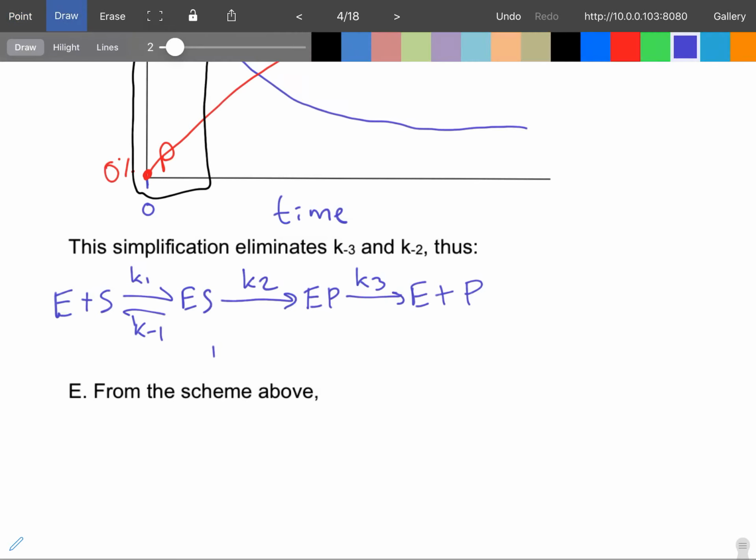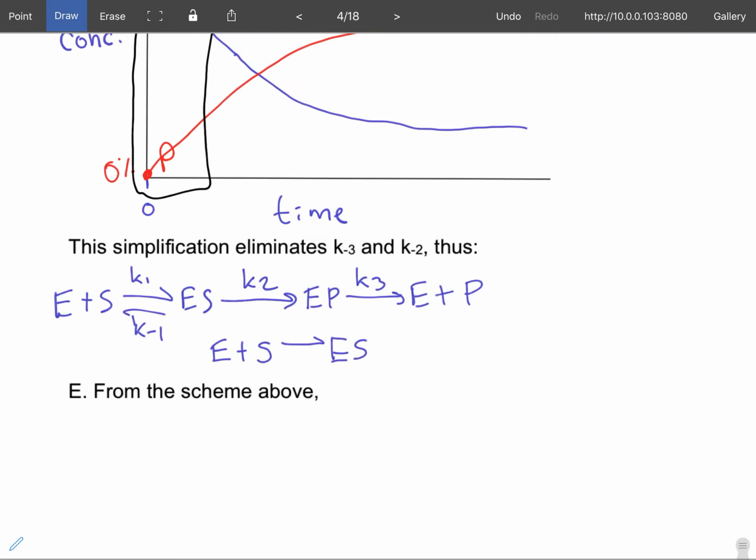Okay, so let's redraw that. So now we've got enzyme plus substrate, form the enzyme substrate complex. We got K1, K minus 1. And then we go straight to free enzyme and free product. And now we're going to call this thing, because it's really all about the catalytic step, it's all about what's going on in K2 producing the product, we're going to call it KCat.